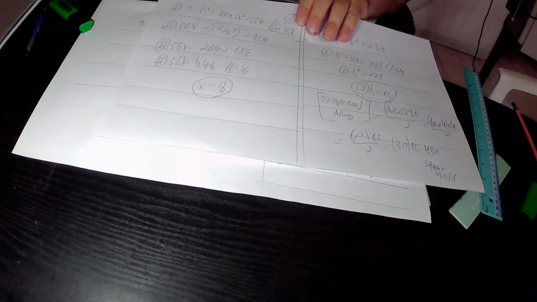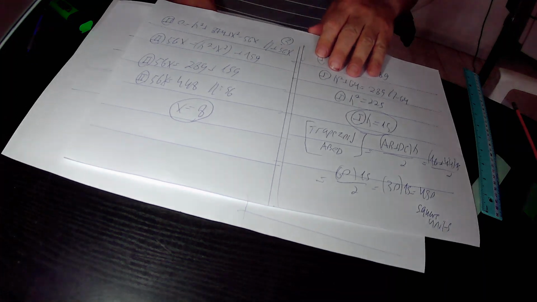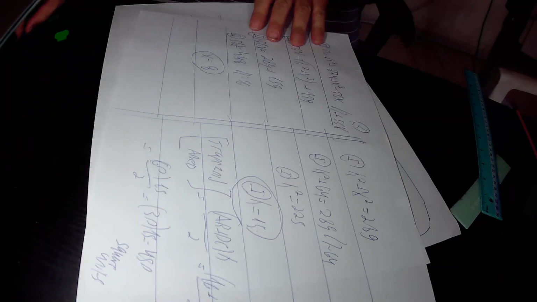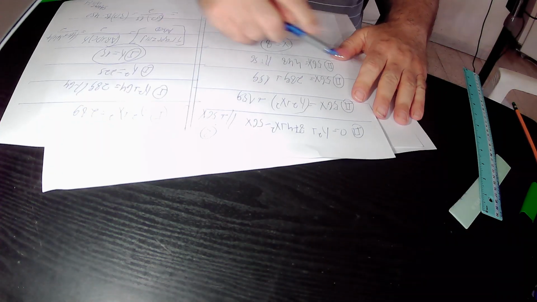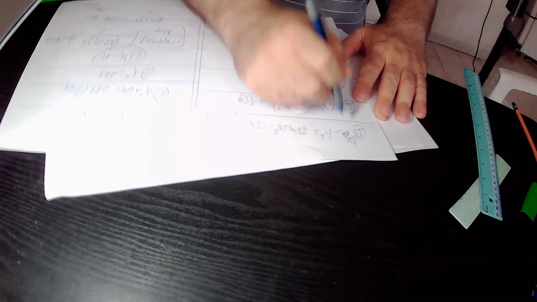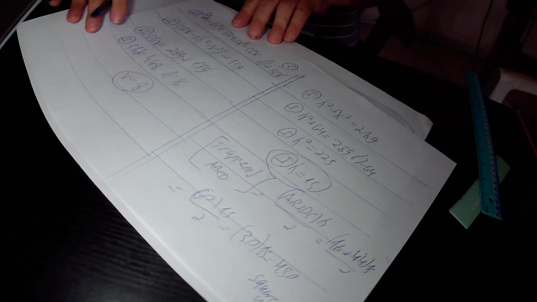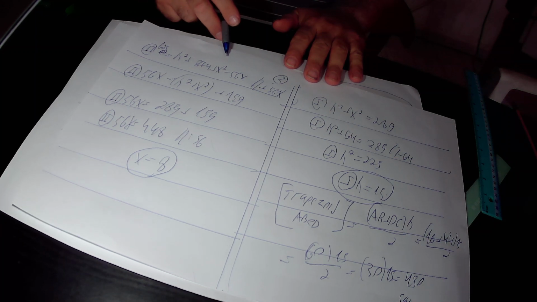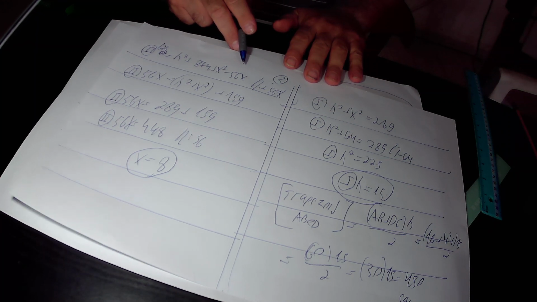So in total, 625 equals 8 squared plus 784 plus X squared minus 56X.